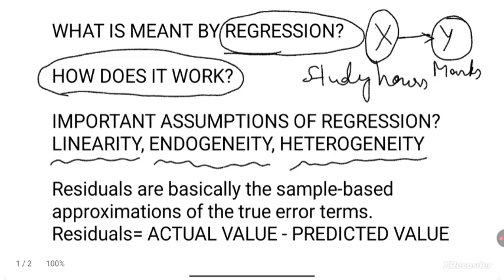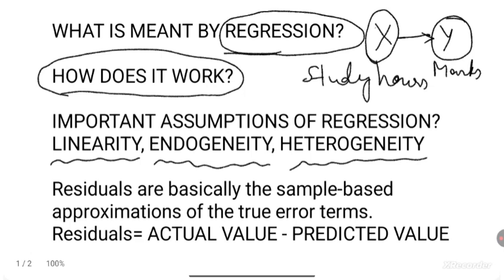In case we have more than one independent variables, we call it multiple regression. In case we have more than one independent and more than one dependent variable, we call it multivariate regression. So this is how we define regression.